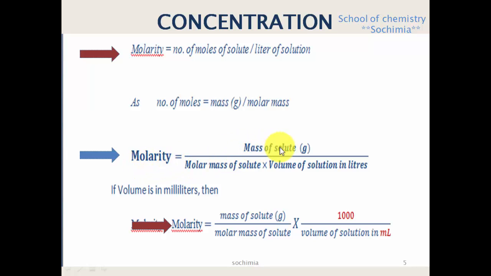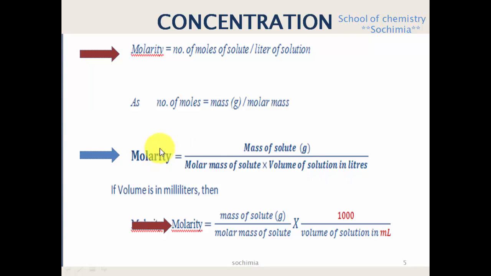We need mass of solute in grams, molar mass of solute, and volume of solution in liters. This is important because this formula can be used if the volume is given in liters. We can get molarity.